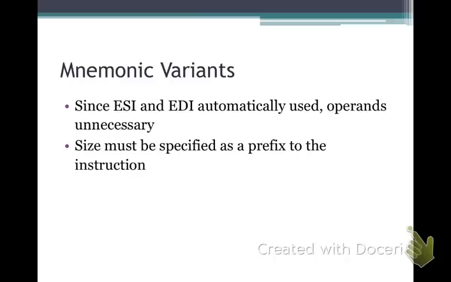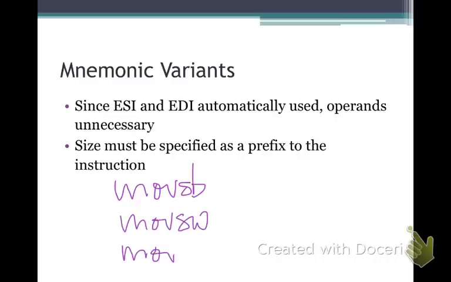So I could say, instead of just move string, I could say move string byte, move string word, move string double word. Okay, where each of these suffixes indicate the size.